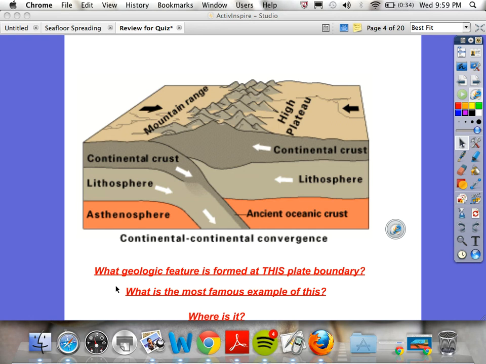The answer to these questions are: the geologic feature formed at this plate boundary is non-volcanic mountains. What is the most famous example of this? The Himalayas. And where is it? It's in the boundary between India and Asia. That's where the Himalaya mountains are formed and where they continue to rise to this day.